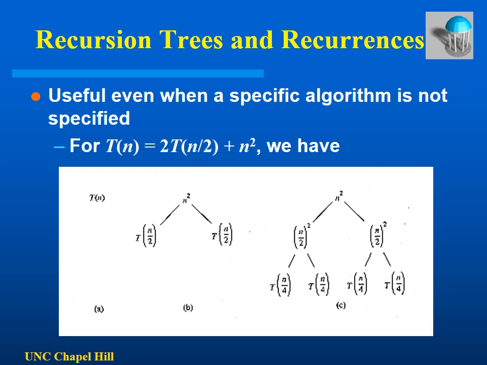And now T of n over 2 is going to take n over 2 squared for this one, and n over 2 squared for the right-hand one, and then we have T of n over 4, T of n over 4, T of n over 4 and T of n over 4 at level 2.